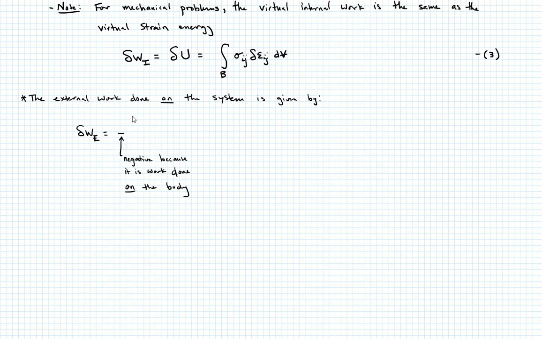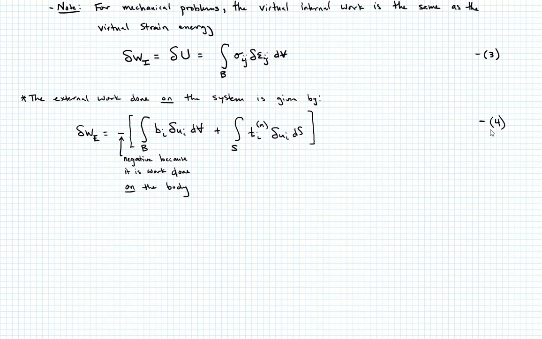And if we think about what those terms are going to entail, there'll be a contribution from the body forces. That'll be the integral over the body B of the body force Bi times delta Ui, the virtual displacement, integrated over the volume, plus the integral over the surface Ti n delta Ui ds. So there we have it. Call this equation 4.